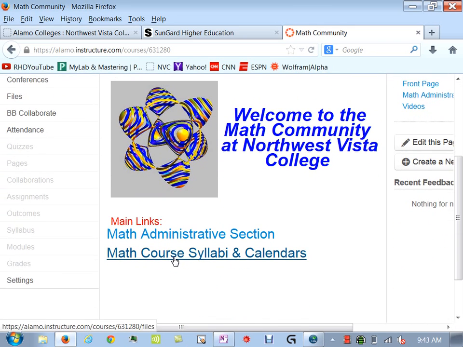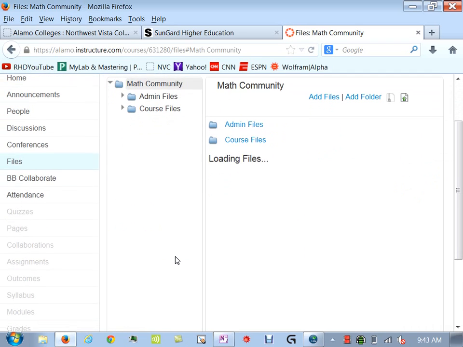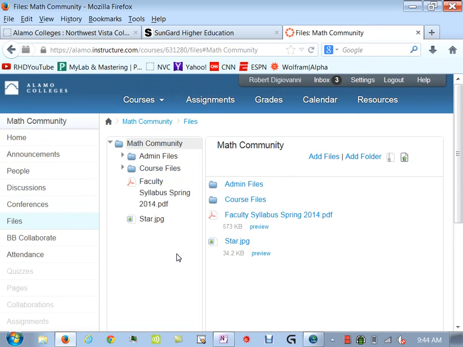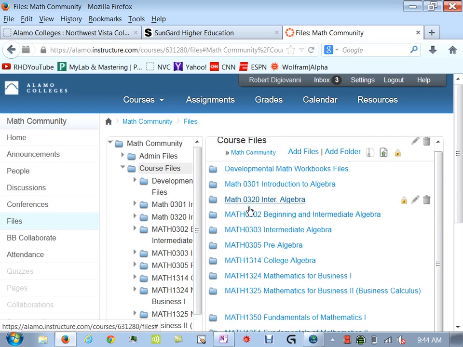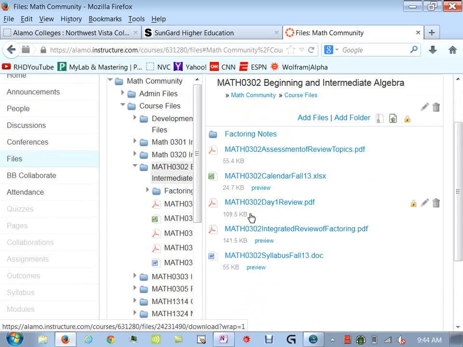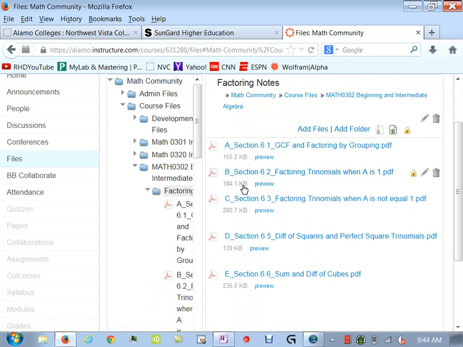You know how you have a Canvas page for the class? This is a Canvas page for our math faculty. So only math faculty can get in here. It has all the stuff that I guess we share with each other. So what we're looking at right now is this factoring notes right here.